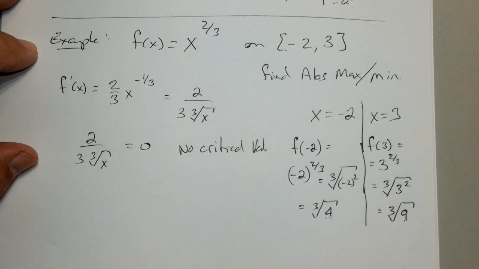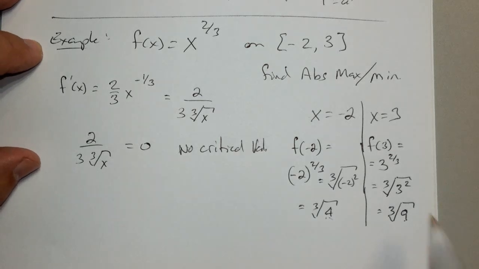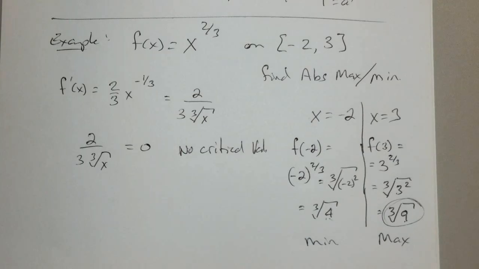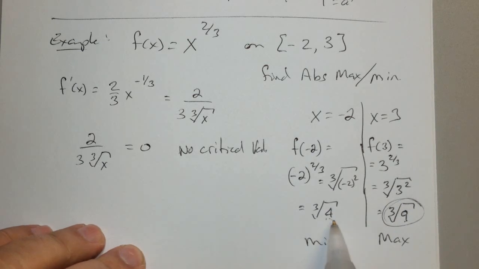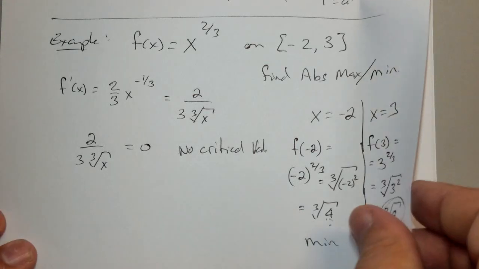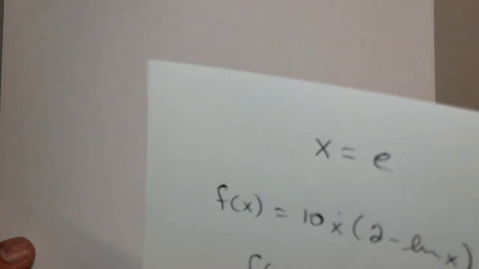Cube root of what? Yes, that's the max. Cube root of anything, it's the same root on both of them, so just look at the numbers. 9 is bigger than 4, so that one's got to be bigger. Good job. That's the end of that section.